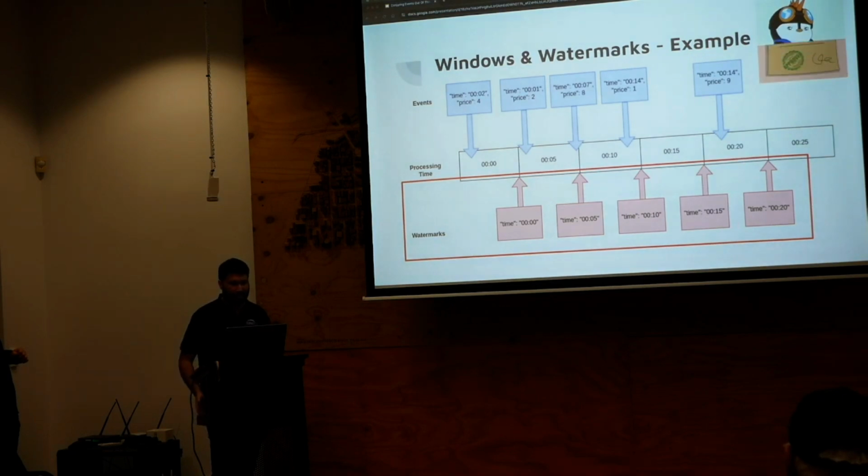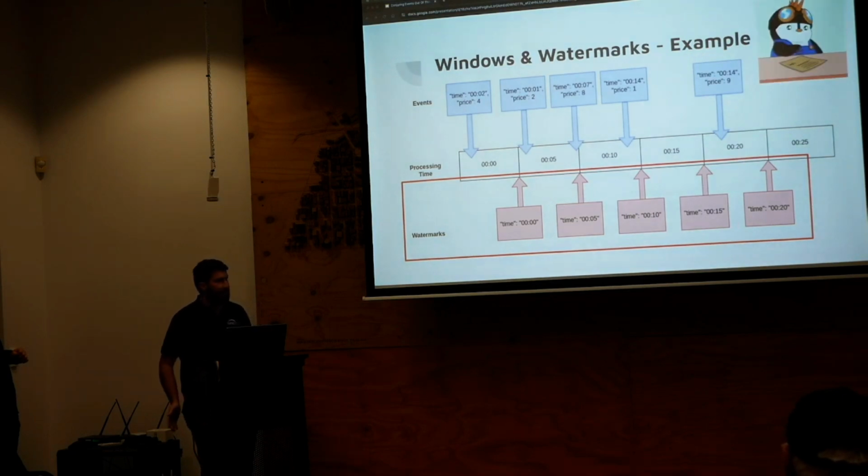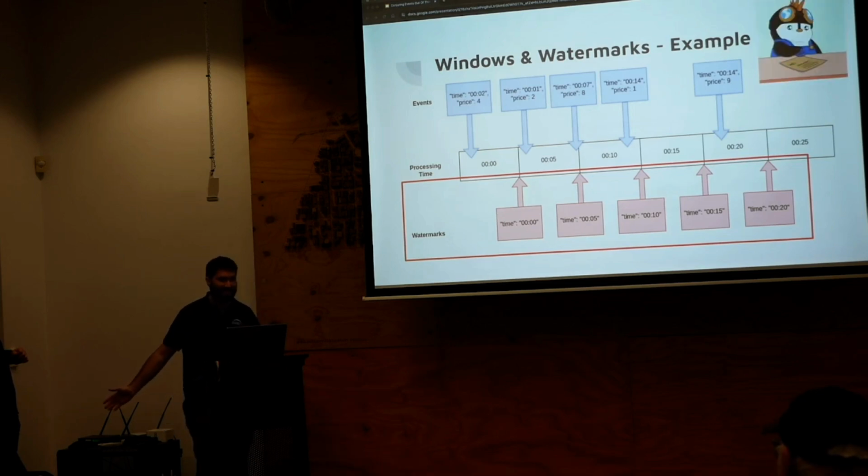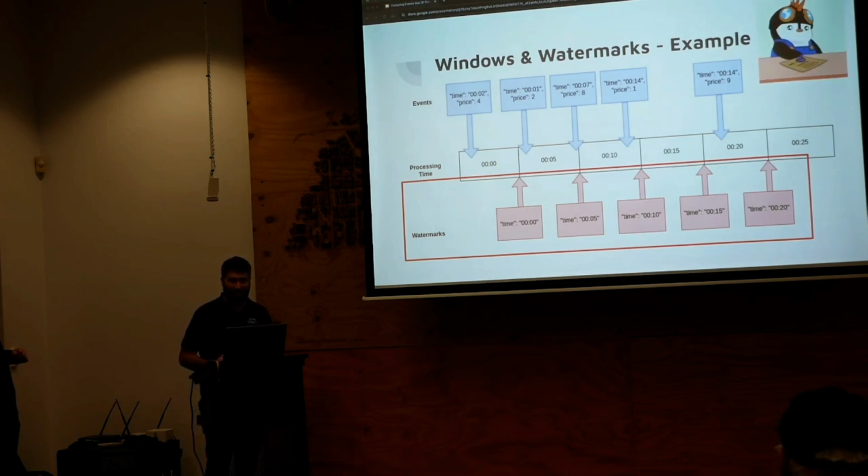A simple watermarking strategy progresses the watermark by a fixed time every 5 minutes. So we're not looking at previous events to determine our watermark time. We're just forcing it, saying, hey, if 5 minutes have passed, I can sort of trust that the events from 5 minutes ago have arrived. That's all.